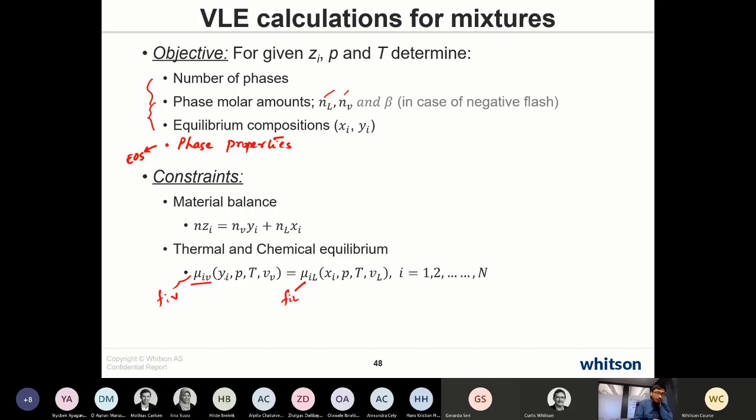And that's a function of the composition, pressure, temperature, and the molar volume, the vapor phase molar volume and the liquid phase molar volume that we get from the equation of state. So this we get from the EOS calculation. This we get from the flash, and we will see how in the next slide.